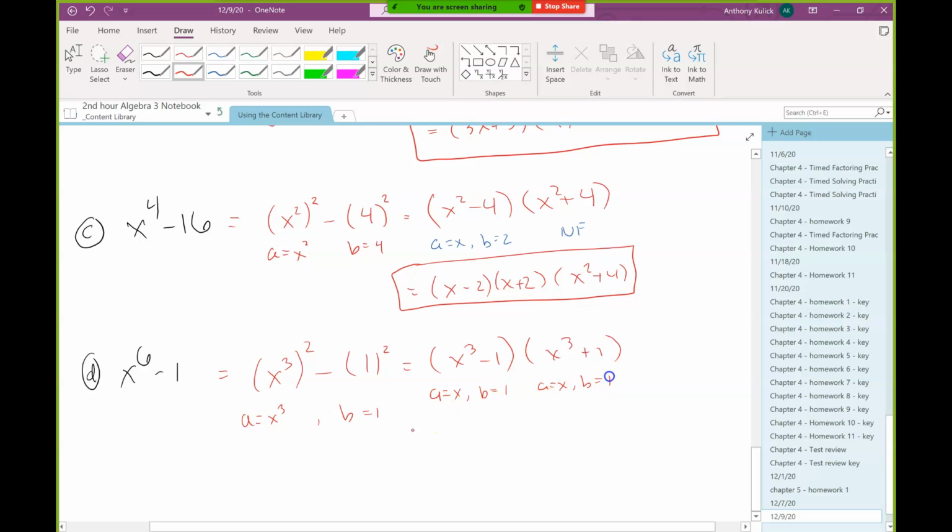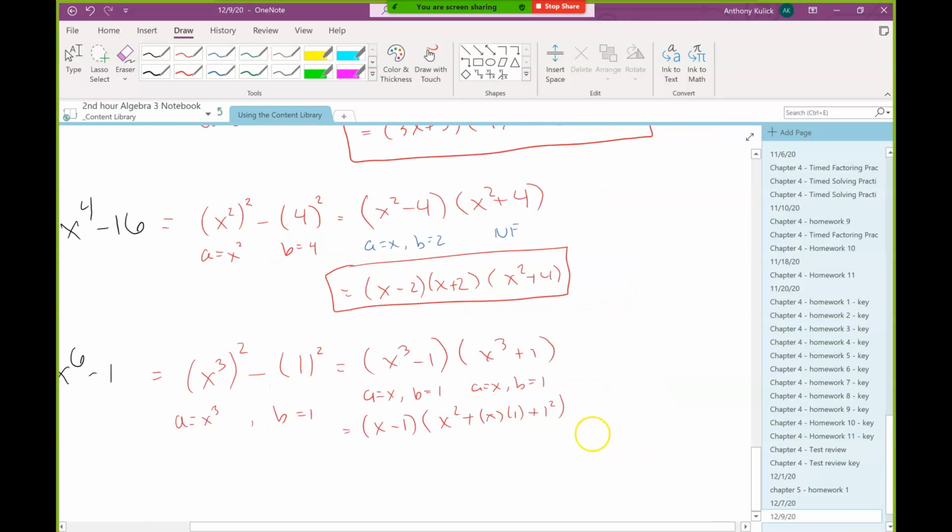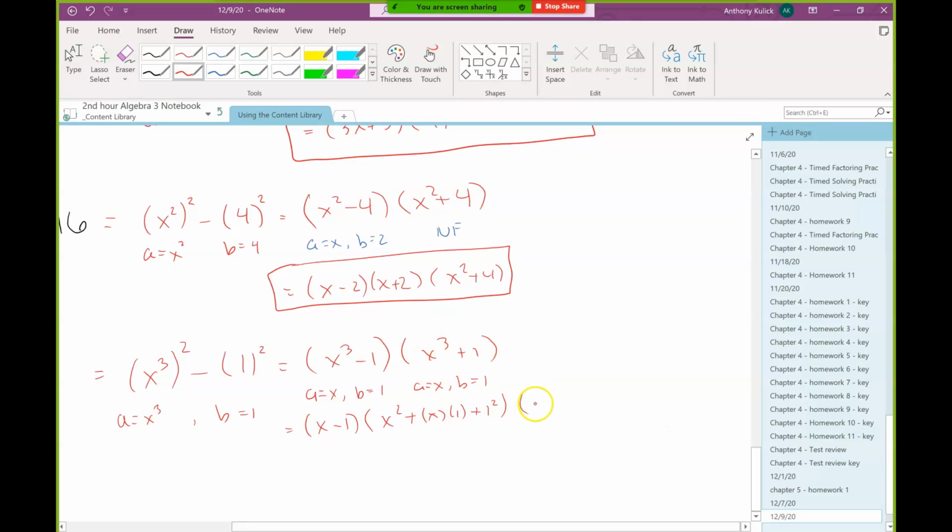So when I do the difference of two cubes, I have a minus b times a squared plus a times b plus b squared. And then for the sum, I have a plus b times a squared minus a times b plus b squared.